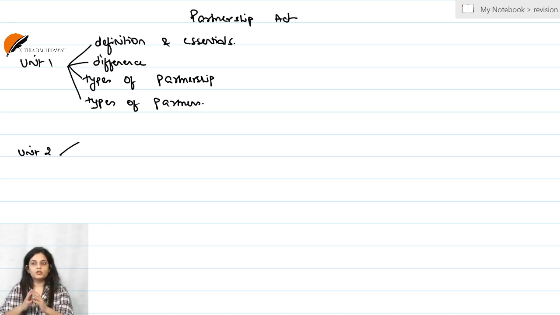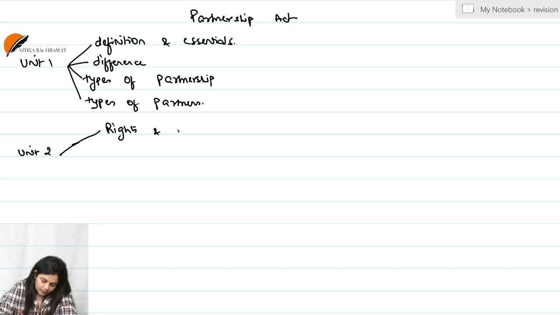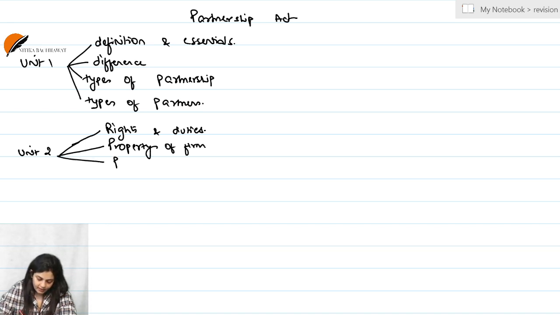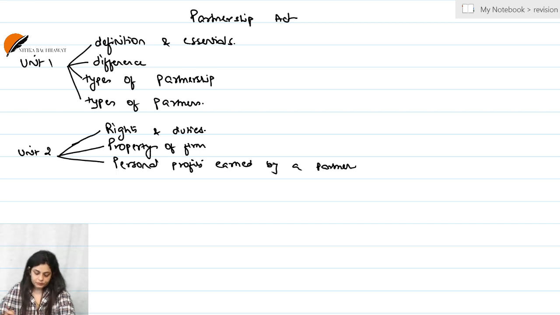Then moving on to Unit 2. Unit 2 was actually the relation of partners to each other. So quite a lot of things we had covered here. We had done the rights and duties of a partner. Then we had done the property of a firm, sorry. What do we mean by that? Then we had done personal profits earned by a partner.